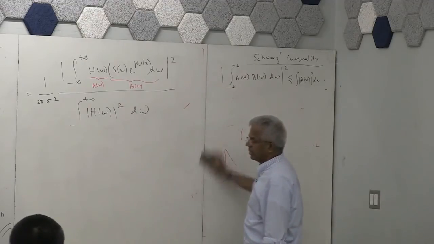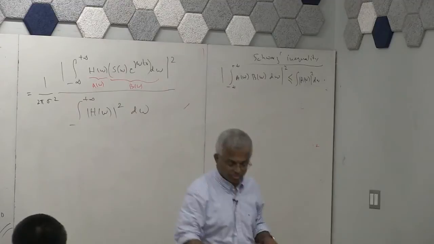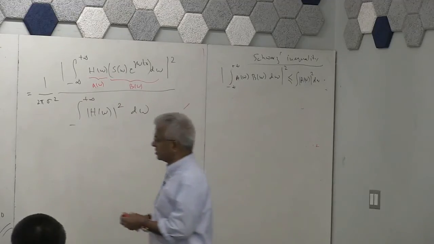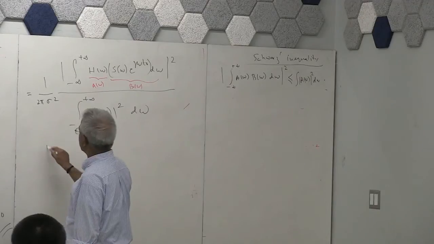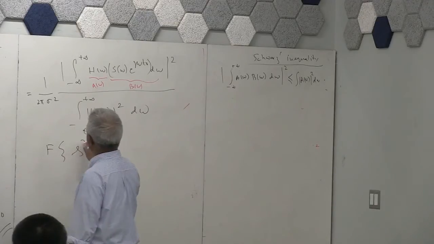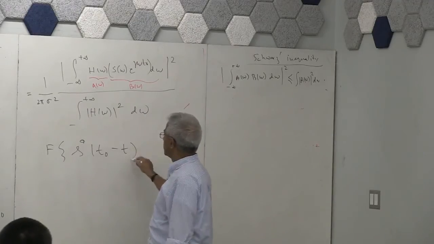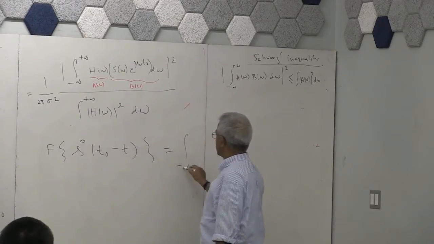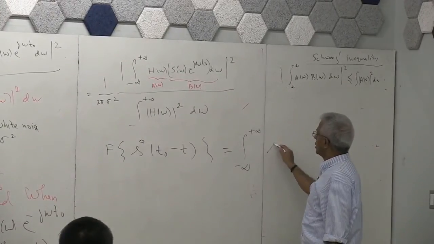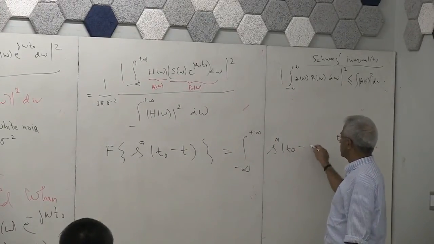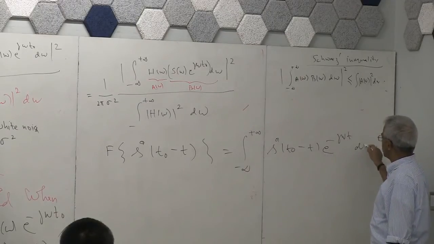Yeah, you are right. In the complex case, there is a conjugate, right? Thank you. So what she is saying is, this is just Fourier transform stuff. This is the right answer. Because let's take the Fourier transform of s naught t naught minus t. So that's the integral from minus infinity to plus infinity of s star of t naught minus t e raised to minus j omega t dt, right?